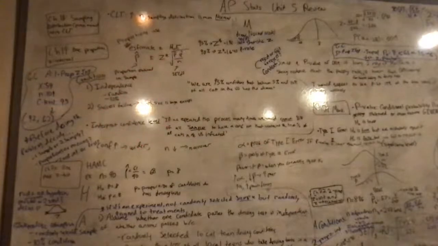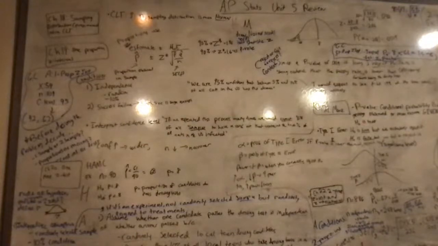The conditions for a 1 proportion z interval are the independence assumption, and then the random and 10% condition, and then success/failure to show that the sample size is large enough to use a normal model. Okay, and then interpreting the confidence level. So this is an example.